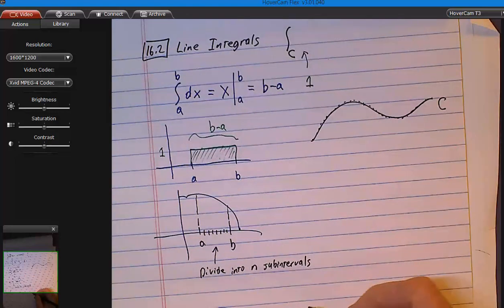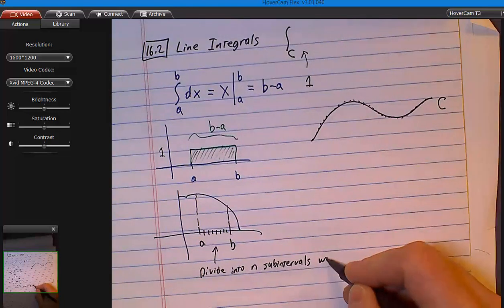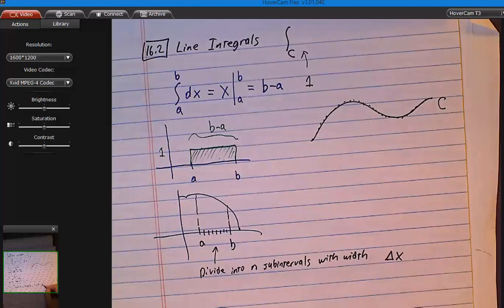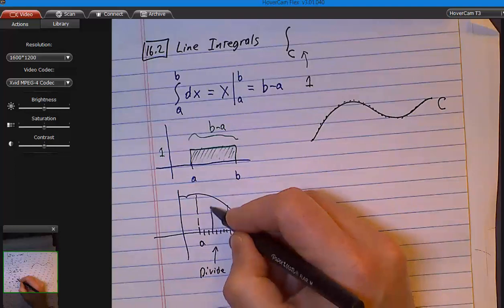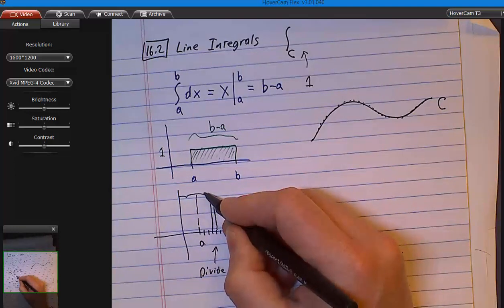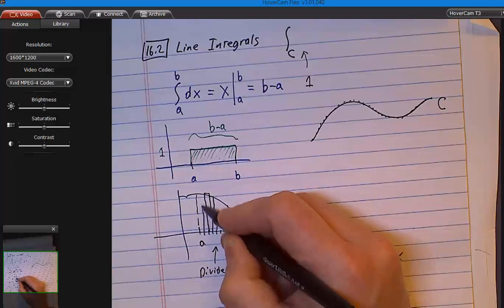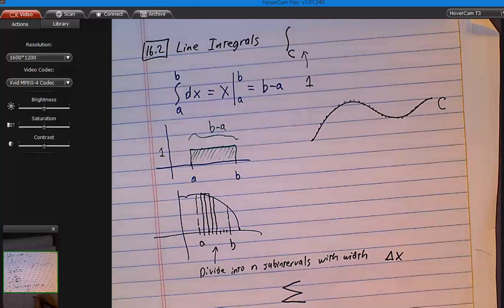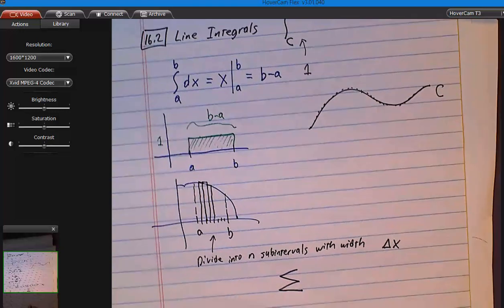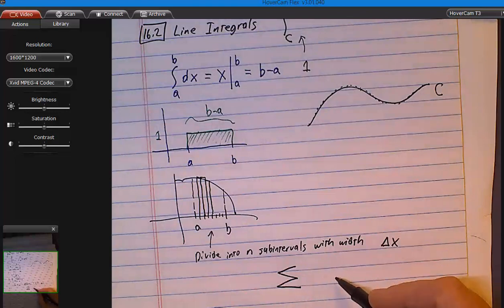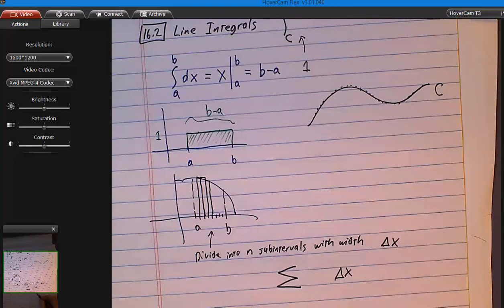And for each subinterval with width, let's say delta x, right? And then when you mention rectangles, somehow you're deciding how you want to build those rectangles. I don't know. You pick a point at each interval, right? And then what you do is you sum up the delta x's.